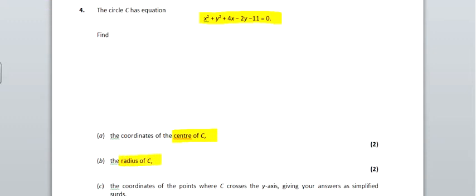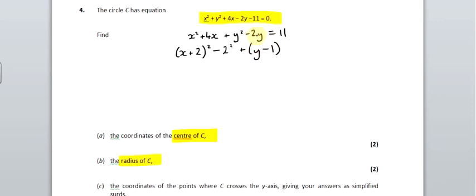So the first thing we're going to do is take this and rearrange it so we've got our x's together. So we've got x squared plus 4x, and then we've got our y squared minus 2y, and we'll put our 11 over there. And now we're going to do completing the square twice. So we've got x plus 2 all squared, and remember you subtract the square of this, so subtract 2 squared, plus y minus 1, so it's half of this, remember, and then we subtract that squared, so we subtract 1 squared, and that equals 11.